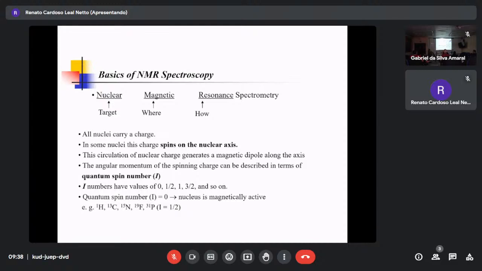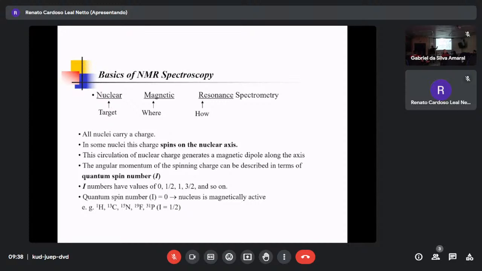So the nucleus has a plus charge, and the plus charge spins, moving. Then in nature, if a charged material is moving, what is generated? Magnetism. Maybe an easy example: in Brazil, on the top of the mountain, there is a high voltage.